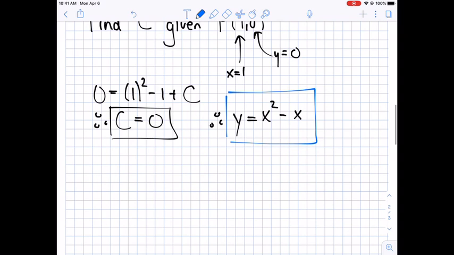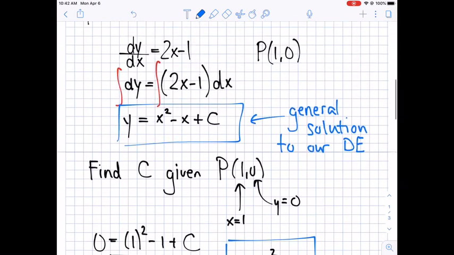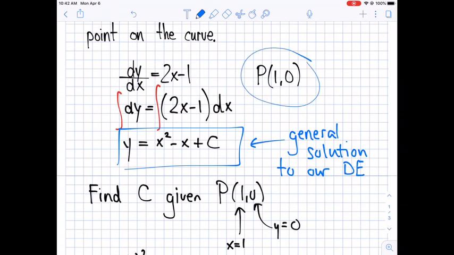And this is the particular solution to the differential equation that satisfies that condition that our curve needs to pass through this point (1, 0).